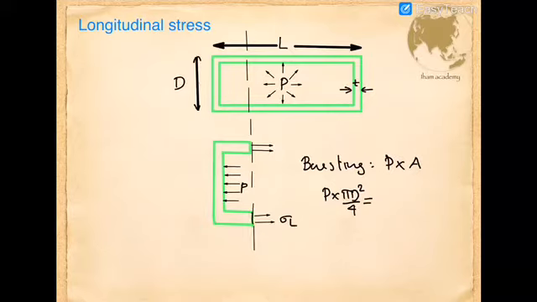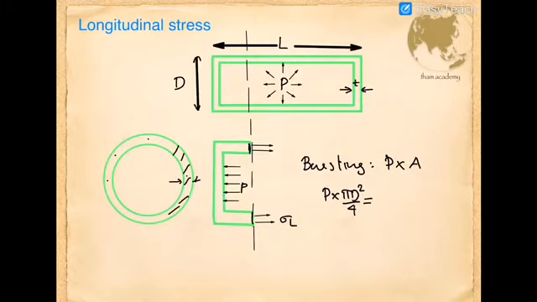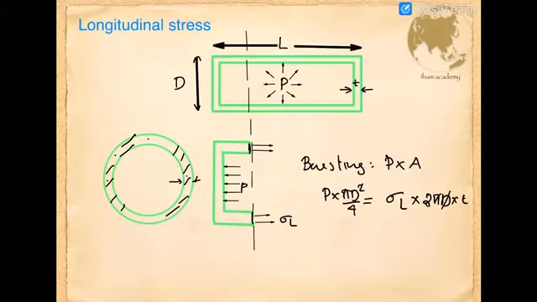If we take another view, the resisting stress will be developed on this cross-sectional area. So the resisting force will be sigma L into pi d into thickness. So pi gets cancelled, d gets cancelled, and sigma L will be equal to P d divided by 4 t. That will be the expression for sigma L.